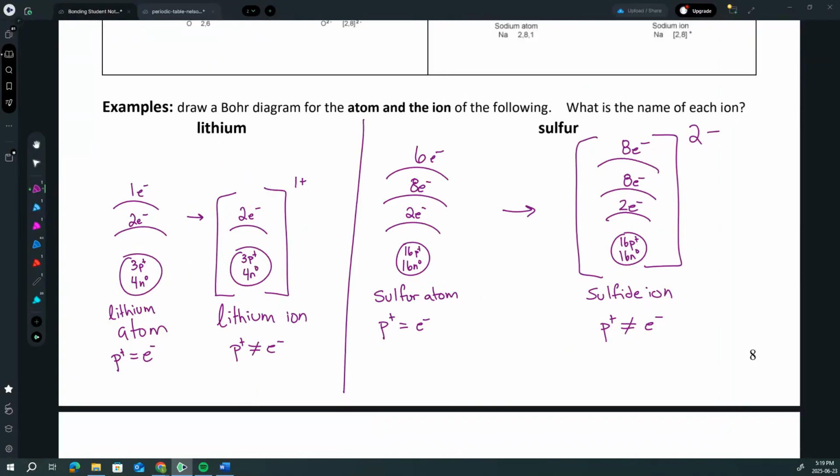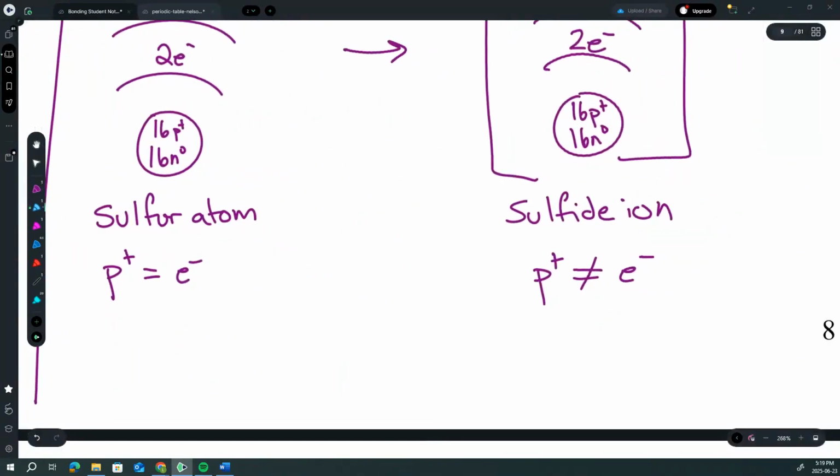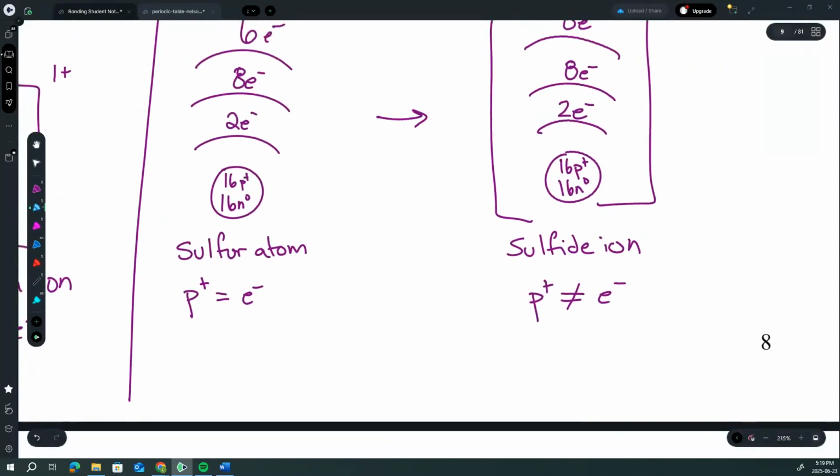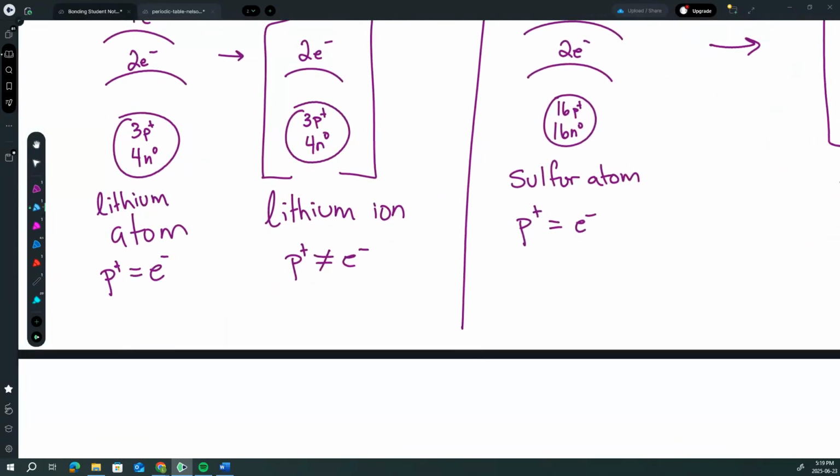Okay. Now, one last thing to cap off these examples, and we're kind of going above and beyond the question here, is how you would represent the symbols of each of these. A lithium atom would just be Li. A lithium ion symbol would be Li1+.